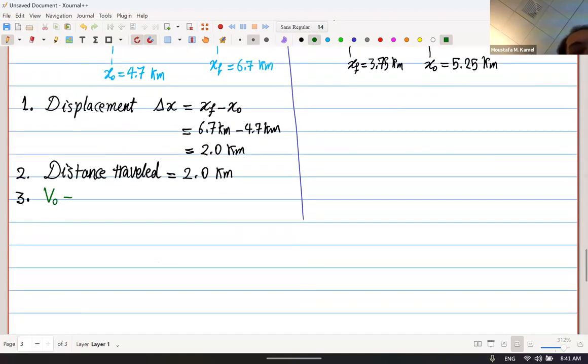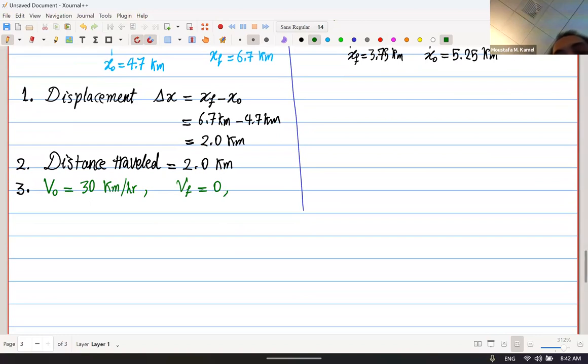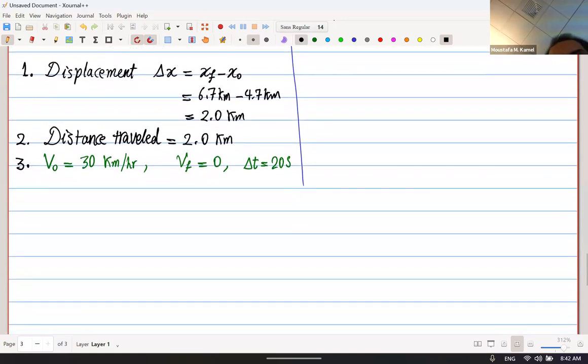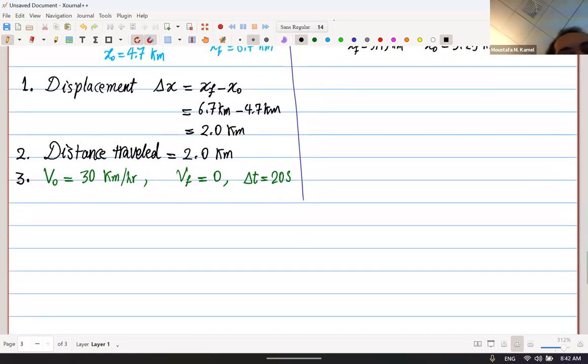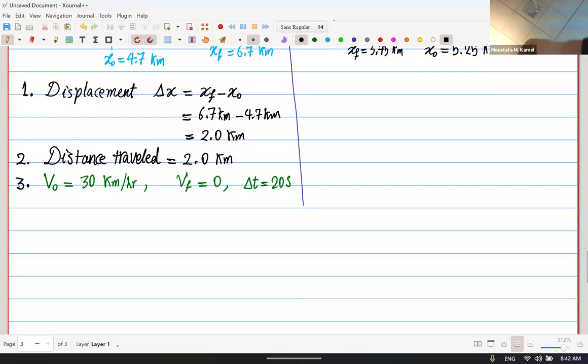The initial velocity was 30 kilometers per hour, and it will stop. The final velocity is 0. It stopped. And that happened over a time interval of 20 seconds. And we want to calculate the average velocity, average speed, and average acceleration.